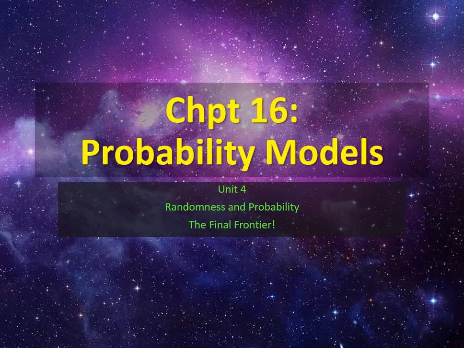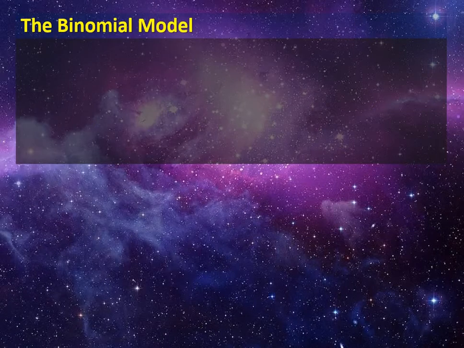So the other model that we're going to be talking about is called the binomial model. Which is kind of fun because we are actually doing the binomial model in functions trig right now. Yay. Now the binomial model says, you know what, I'm not just going to sit here and go until.